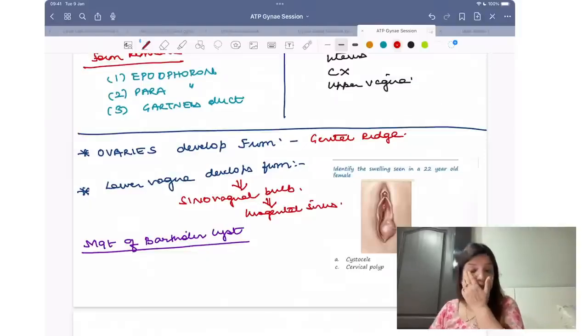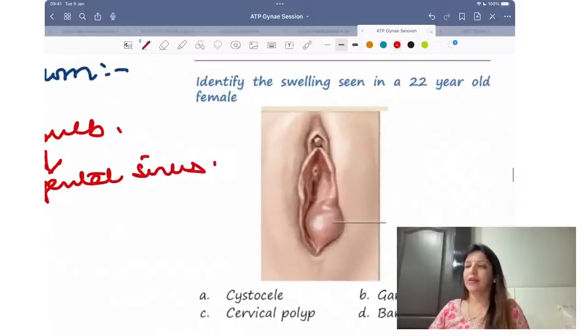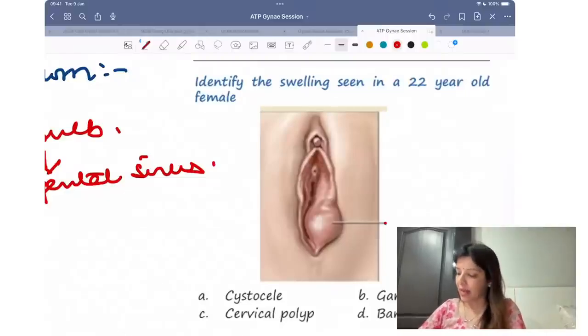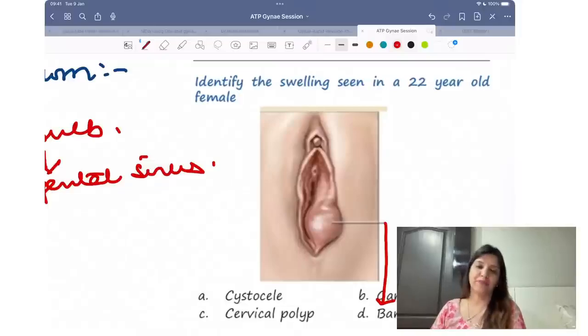Now, next, a very, very important question you get is on Bartholin cyst. This over here is a Bartholin cyst. Whenever you see a cyst between labia majora and labia minora, it has to be a Bartholin cyst and nothing else.